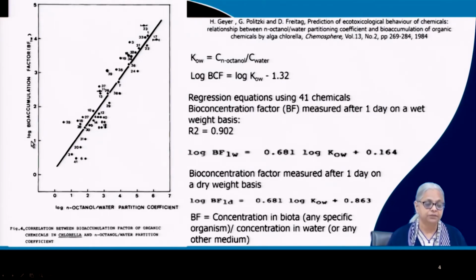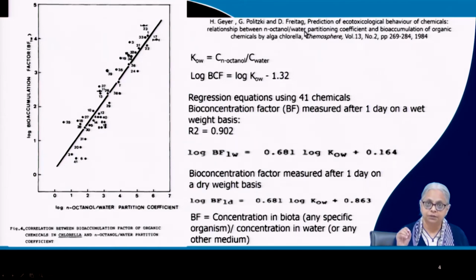And on the y-axis, we have the log bioaccumulation factor. This is a set of data from a particular paper where the octanol-water partitioning coefficient and the bioaccumulation of various chemicals, I think there are 41 different chemicals, have been tested using one particular species of algae, Chlorella.